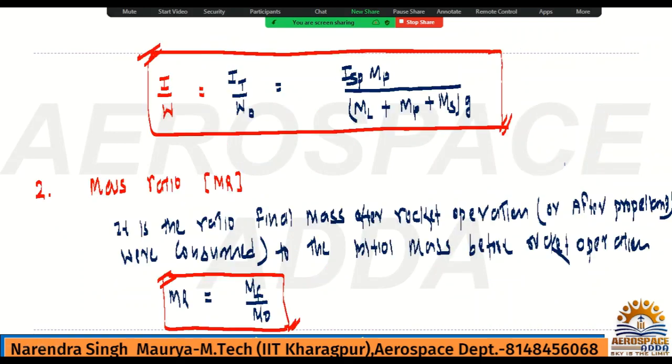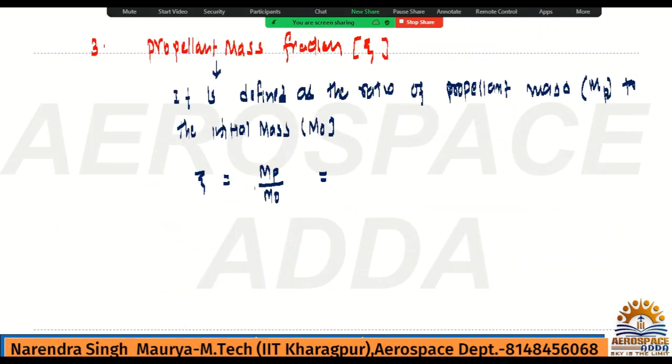Now, if you want to write the mass of the propellant, you can say it is the initial mass m naught minus the final mass mf, divided by the initial mass m naught.